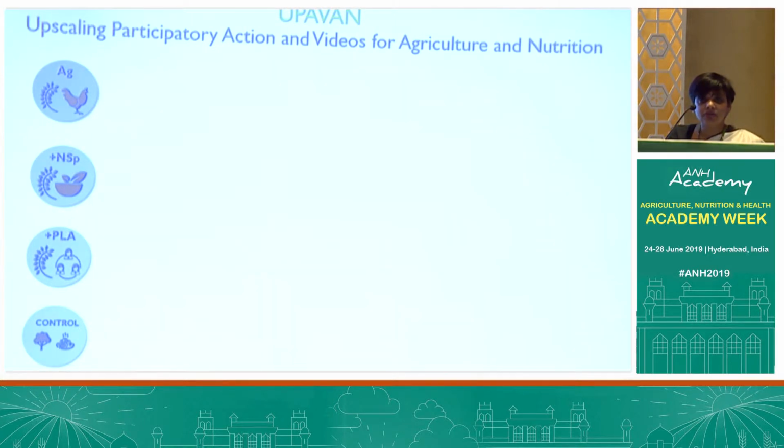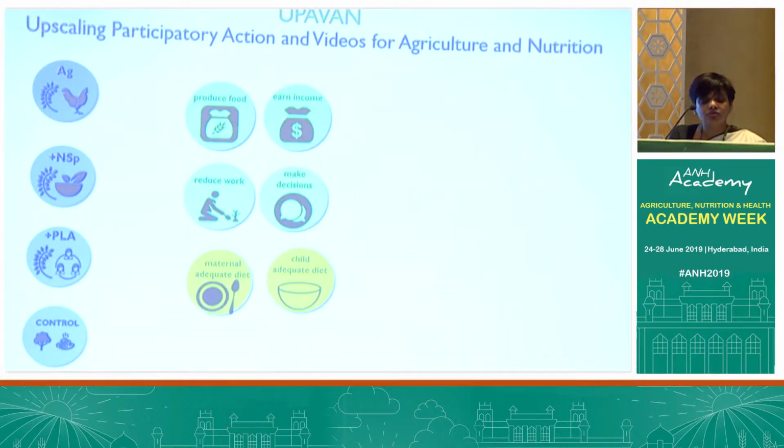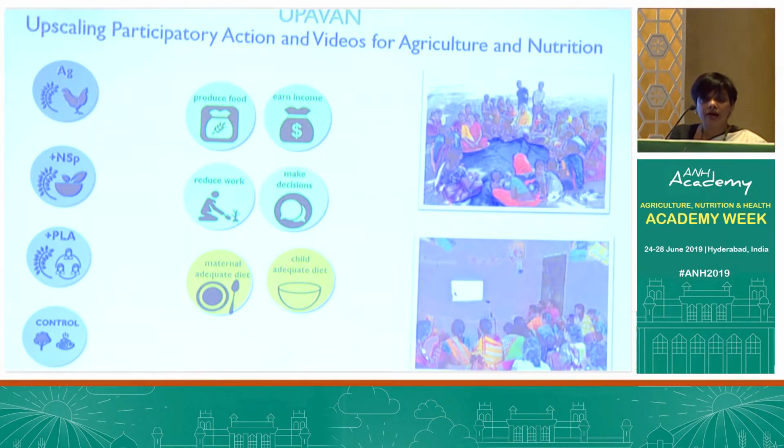I don't have time to elaborate on all the arms, but what we do is use nutrition-sensitive behavior change and production practices, combined with participatory videos with Digital Green and participatory learning and action with Ekjut, with Bharat really holding it all together and implementing it in these 148 villages.